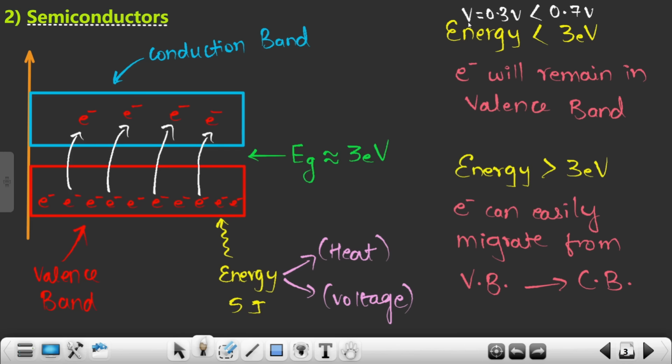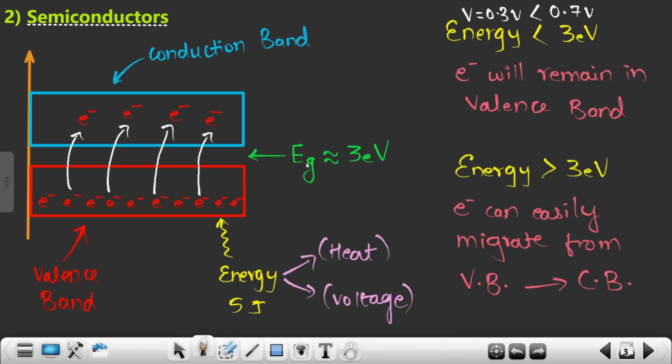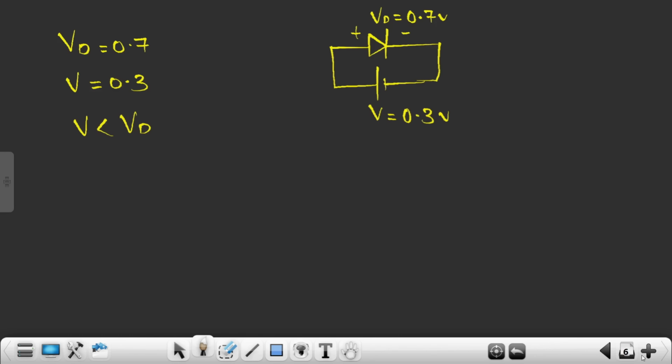Whatever energy we are applying, in this case 0.3 volts, is less than the forbidden energy gap. So the electrons present in the valence band of that diode are not able to move from the valence band to the conduction band, because they are not able to surpass the forbidden energy gap.